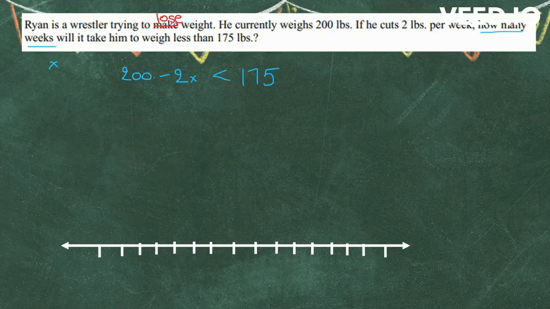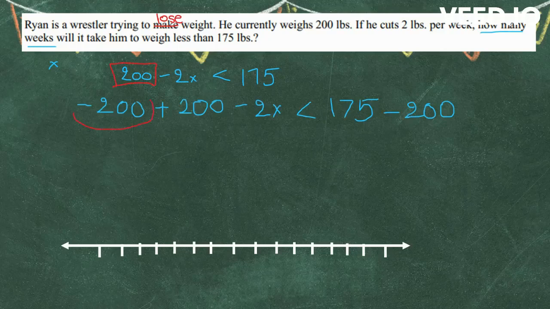We need to get rid of 200 here because we need to concentrate on x only. First, let's get rid of 200 by adding minus 200 on both sides. So these two cancel out. We are left with minus 2x less than minus 25.